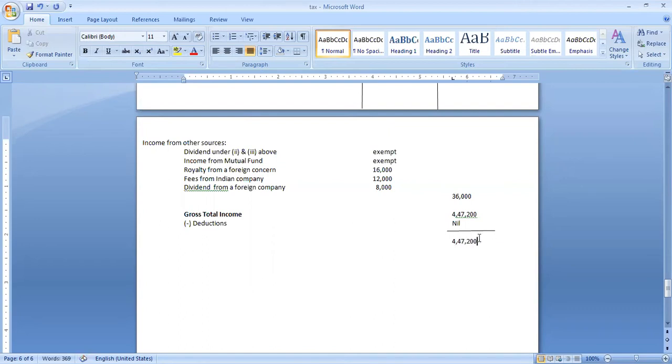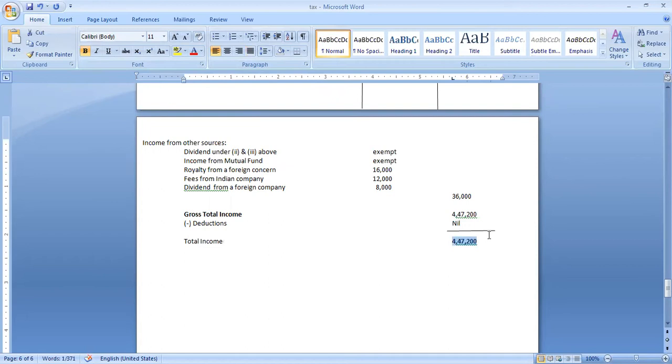Now, what is this? This is total income, total taxable income actually. From gross total income, if you allow deductions, if you deduct a certain amount, you will get total income.